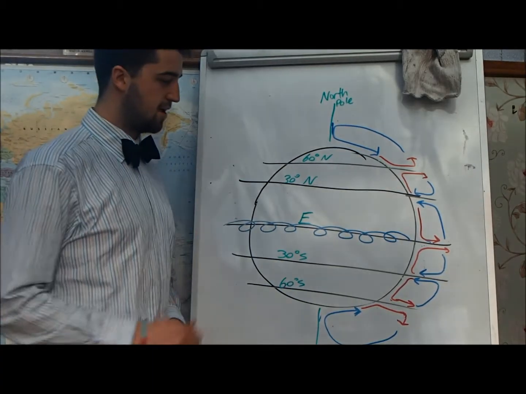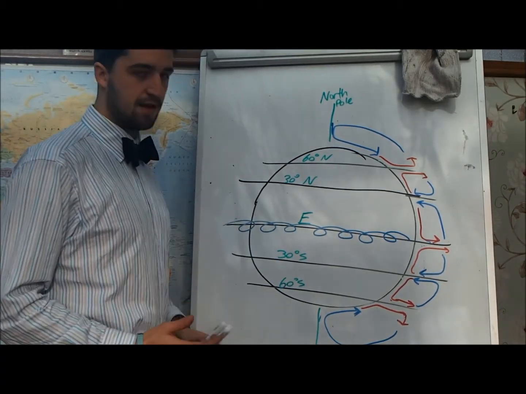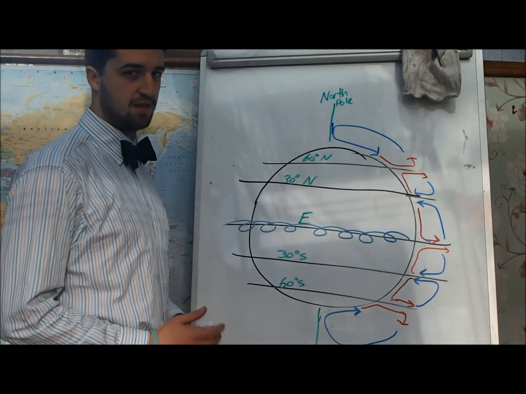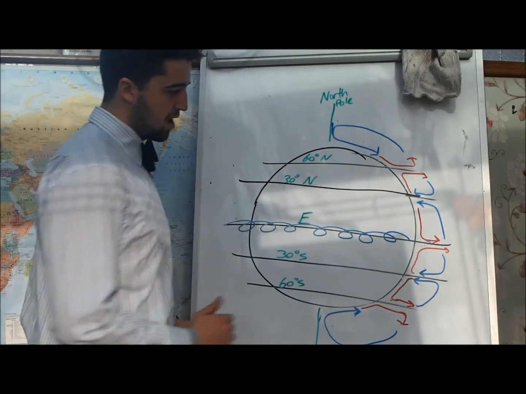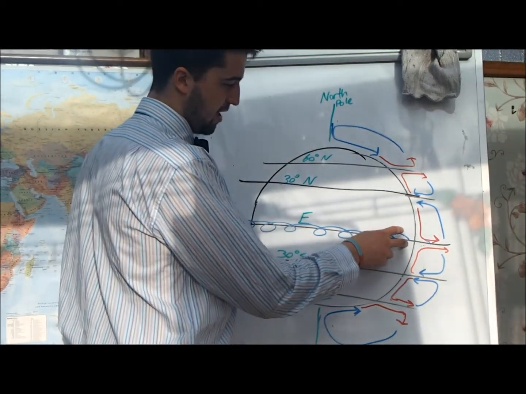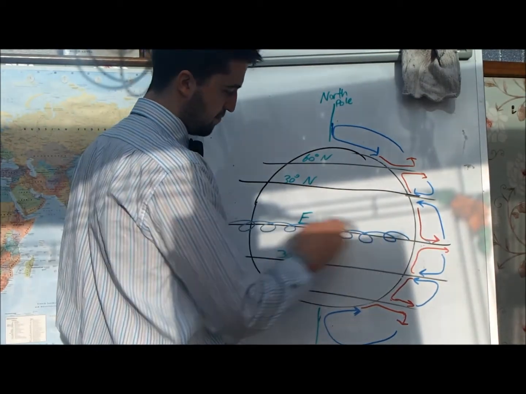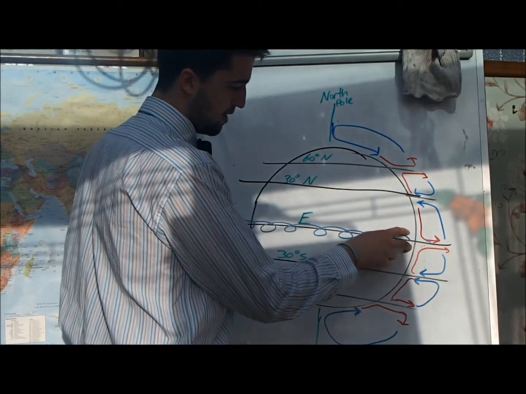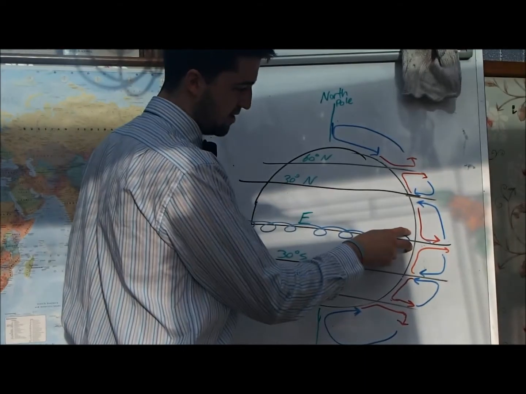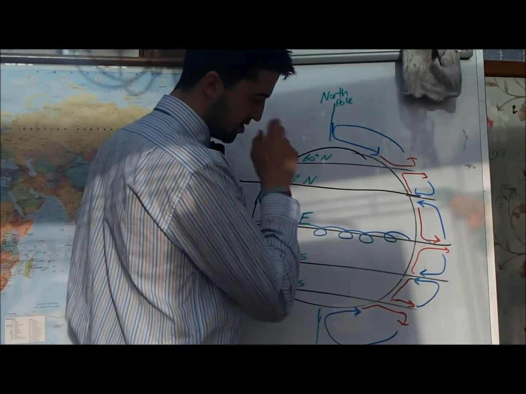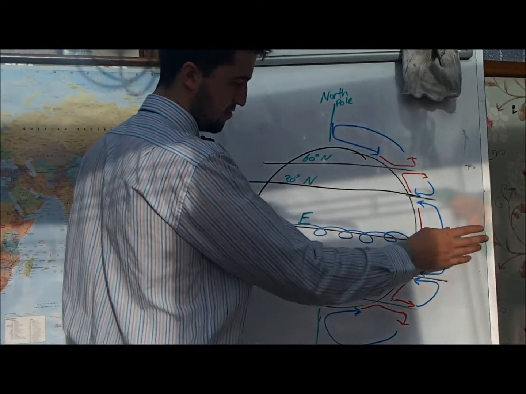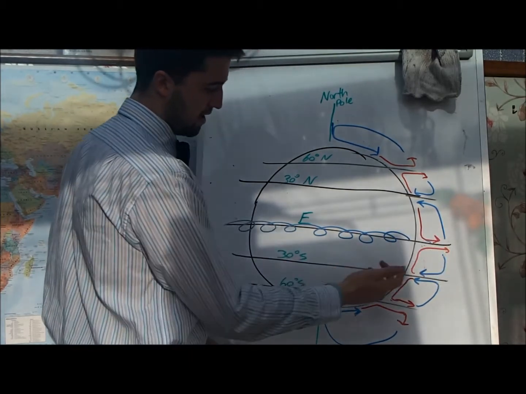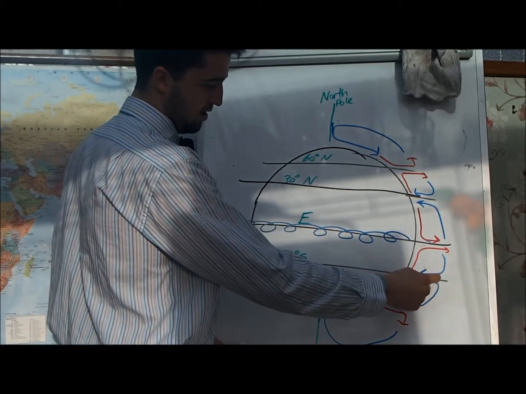The diagram I have here demonstrates what effects the solar radiation has on our climate. In the middle here, very close to the equator line, we have high pressure, which allows the heat to rise from the Earth, come back down and cause low pressure.